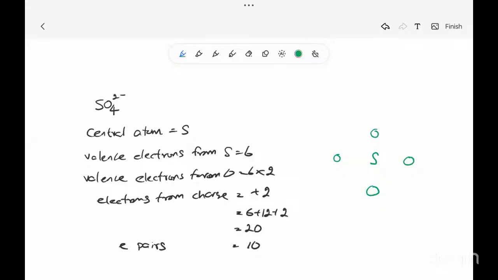Then placing the bond pairs: 1, 2, 3, 4, right? Then after that, we need to place the electrons, so the lone pairs for each and every atom like this.